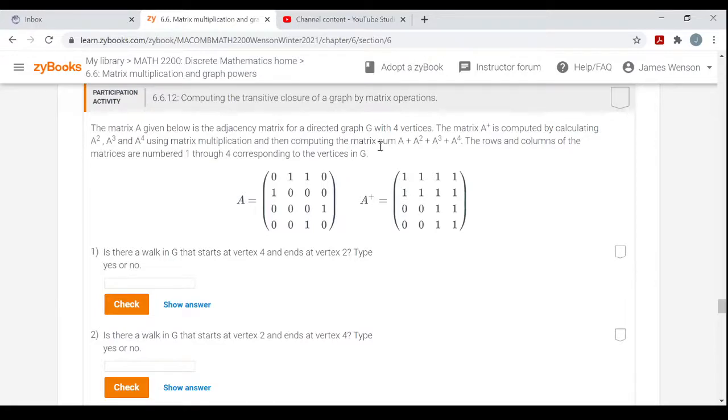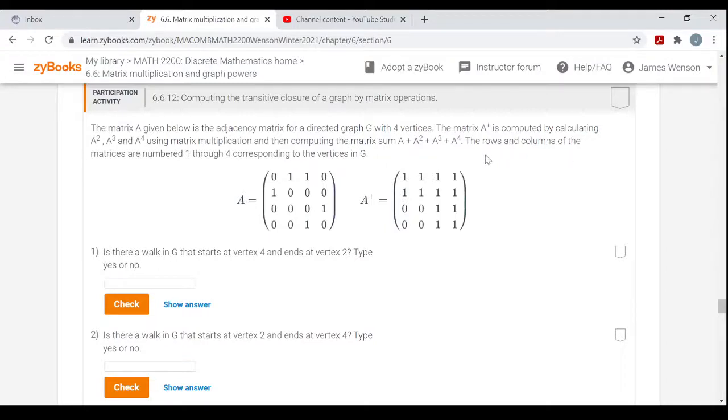And then add those. This A plus is A plus A squared plus A cubed plus A to the 4th. So it would take a while. You'd have to calculate A squared, then take A squared times A for A cubed, then A cubed times A for A to the 4th, and then add those four matrices up, and you get A plus.